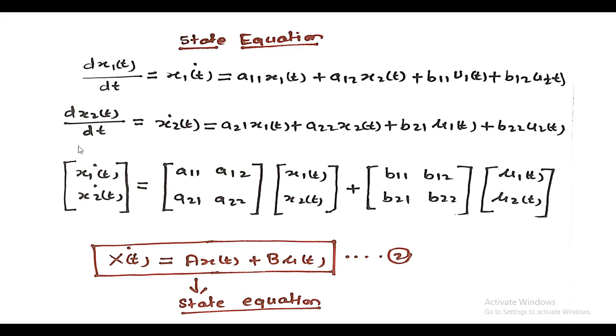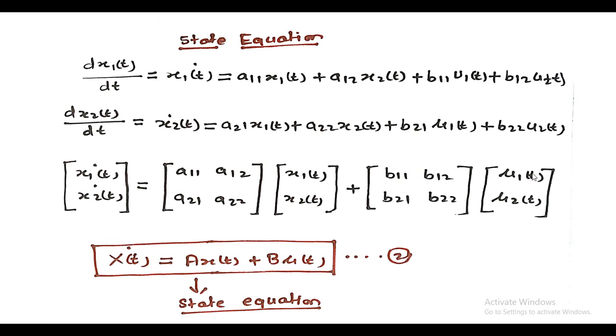Here if you see, dx2t divided by dt is equal to x2 dot t, which is equal to a21 x1t plus a22 x2t plus b21 u1t plus b22 u2t. Here a21 and a22 are the coefficients of x1t and x2t. Similarly, b21 and b22 are the coefficients of u1t and u2t. If you compare this state equation with the output equation, these parameters are the same, that is x1t, x2t and u1t, u2t.